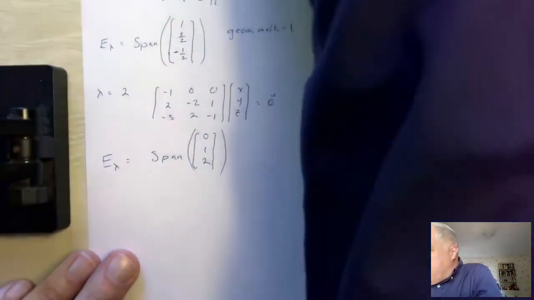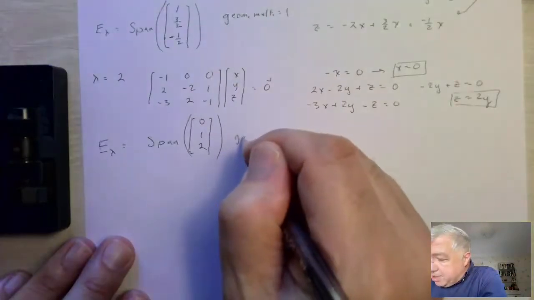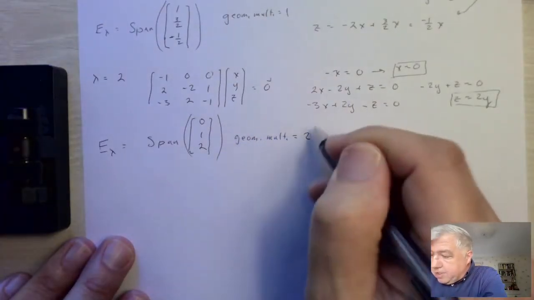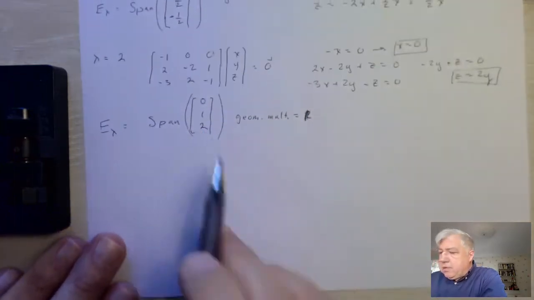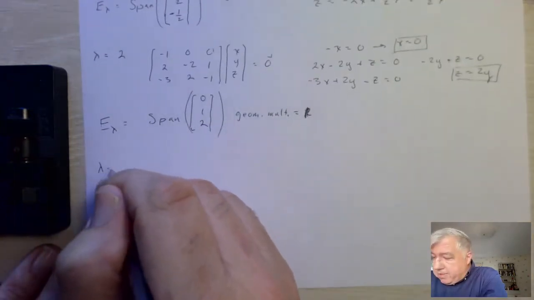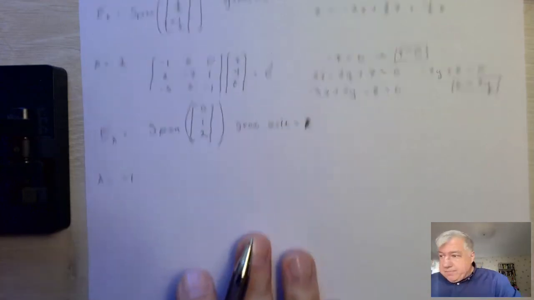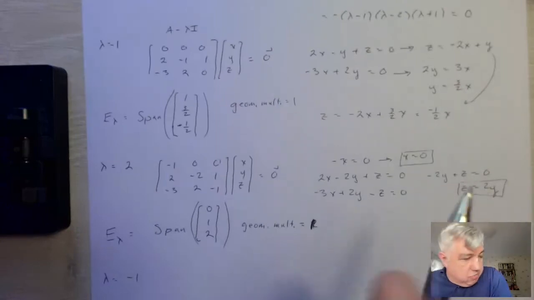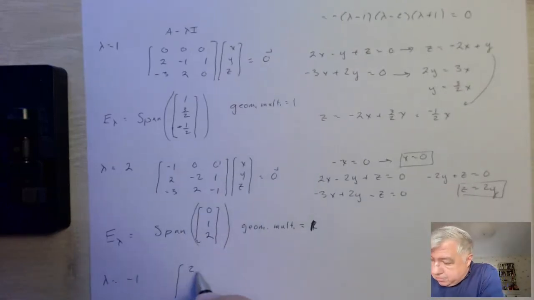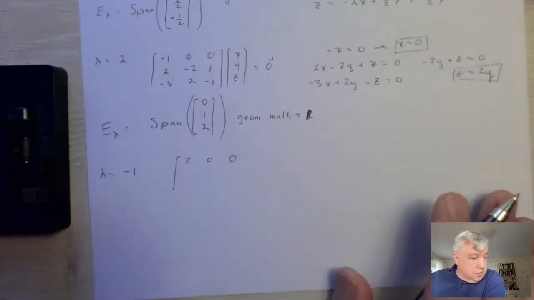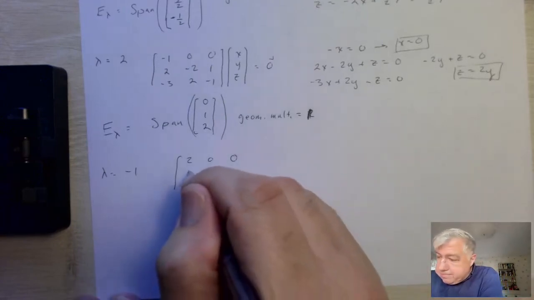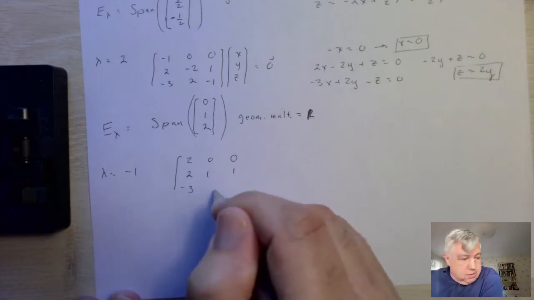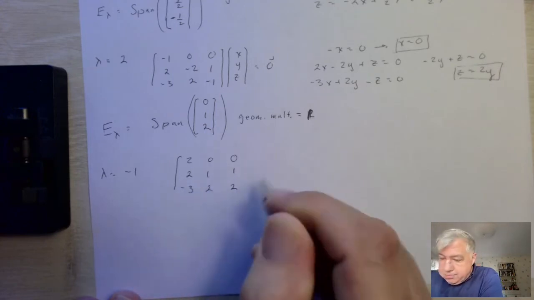Once again, we see the geometric multiplicity is 1. This is one vector. And then finally, if we let lambda equal negative 1 and plug negative 1 in here, we get the matrix 2, 0, 0, 2, 1, 1, and negative 3, 2, 2.